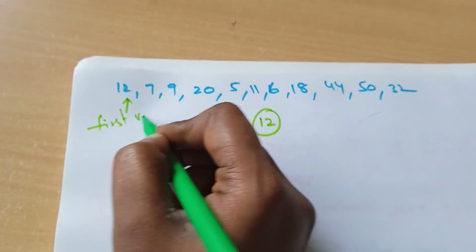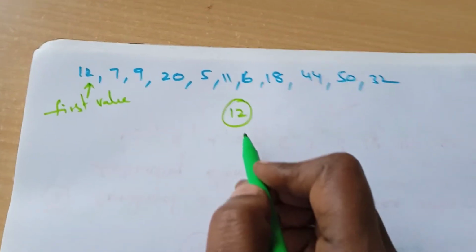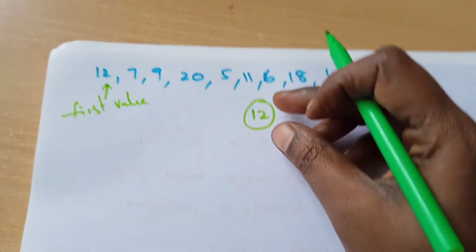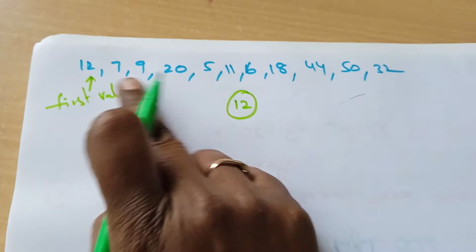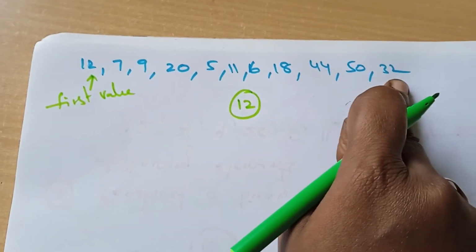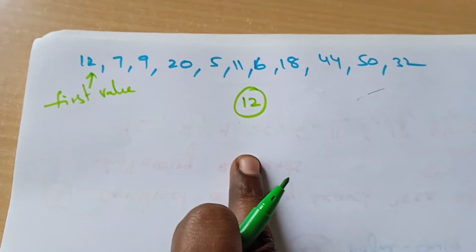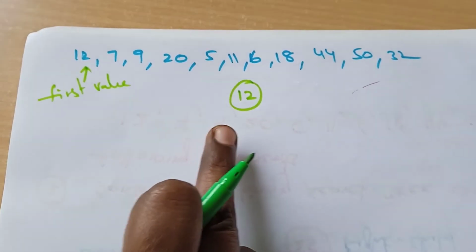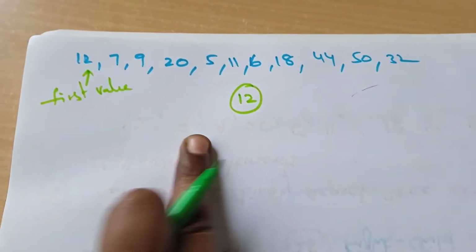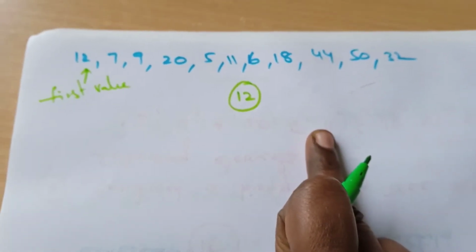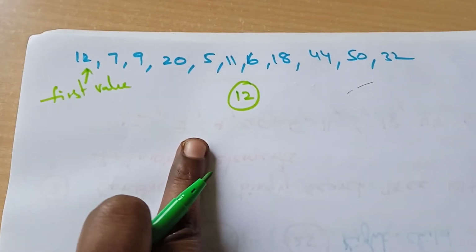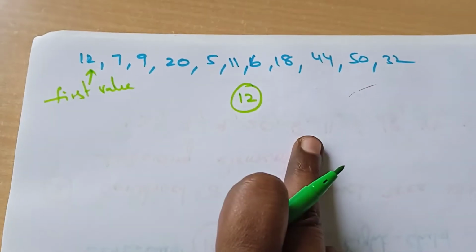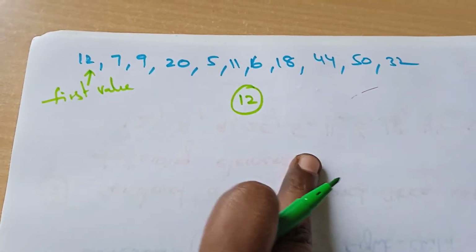If it is my root node, all the elements I want to put inside will go on the left side and right side. Left side is what? Lesser than 12. Right side should be greater than 12.